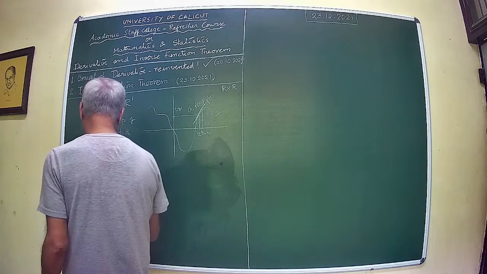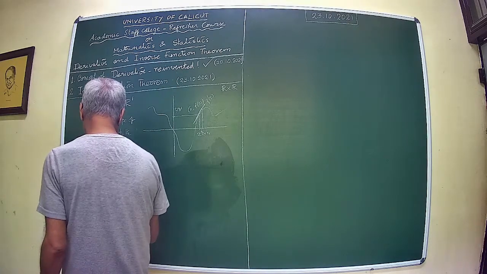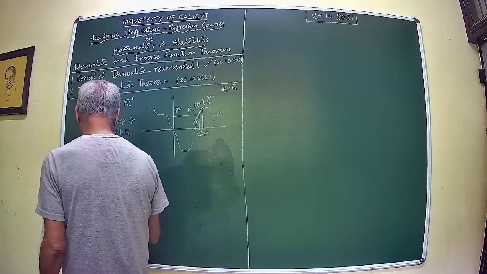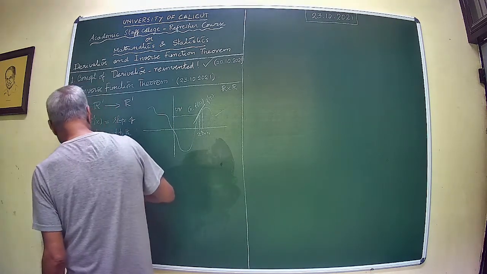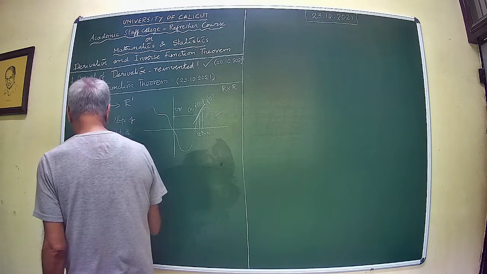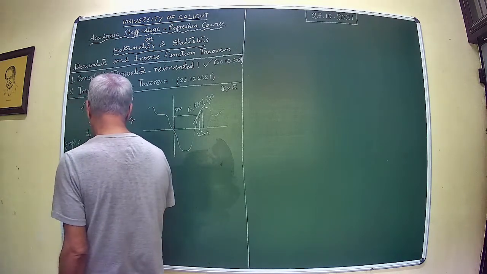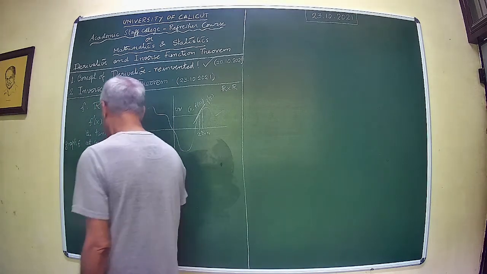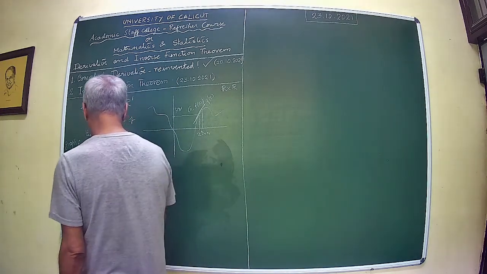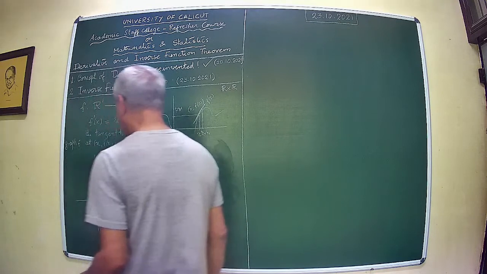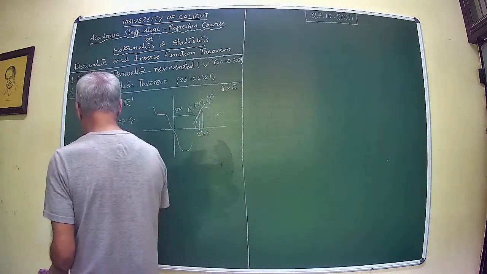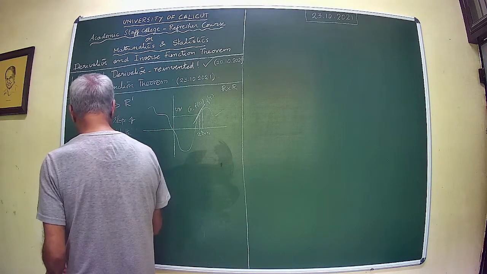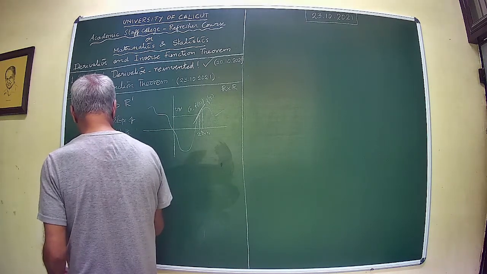So what happens? Okay, let me do this. Now this is your x. This is say x plus h, and then you take this one. So this distance is h, and this height that you have, okay, this is f of x plus h minus f of x.